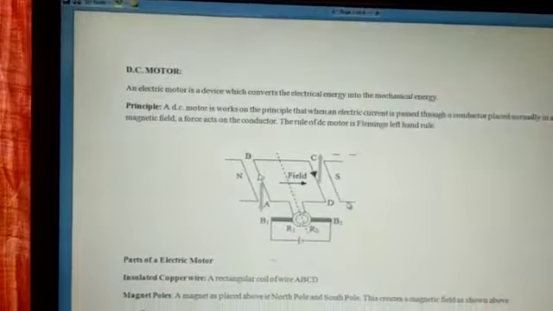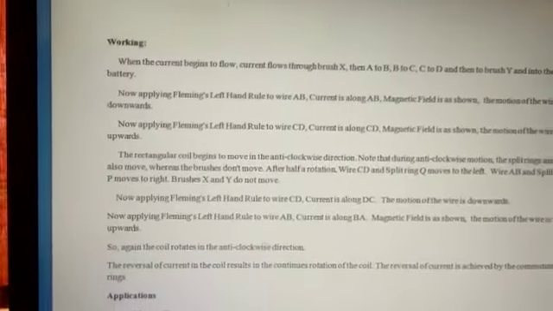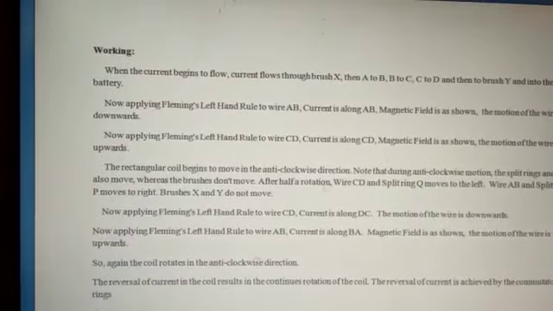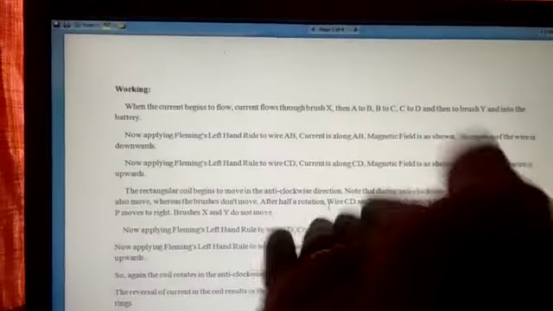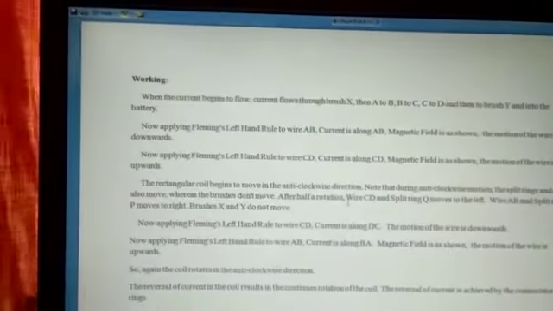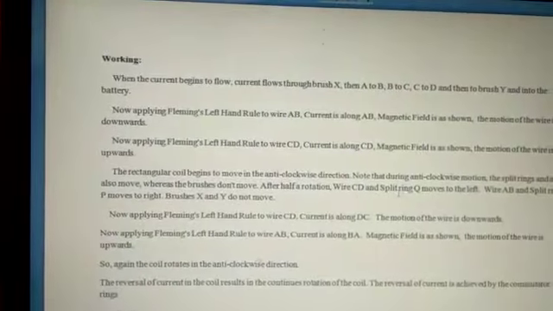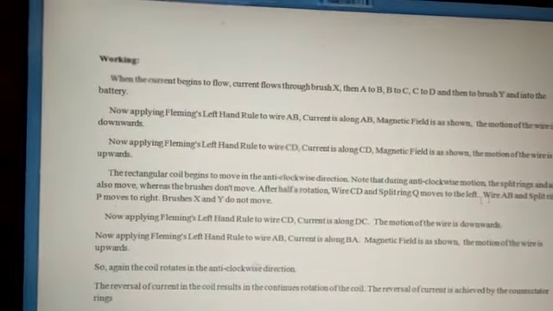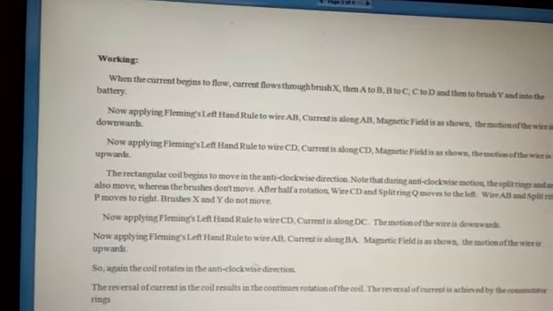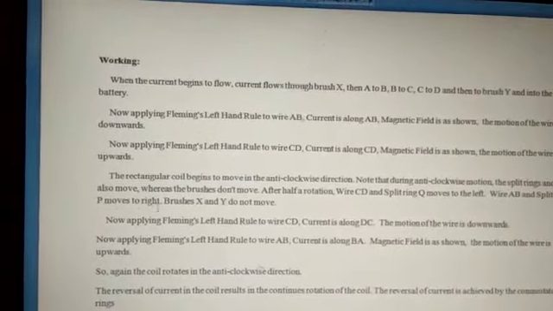After a half rotation, wire CD and the split ring Q move to the left, and wire AB and the split ring P move to the right. The brushes X and Y, that is B1 and B2, do not move.